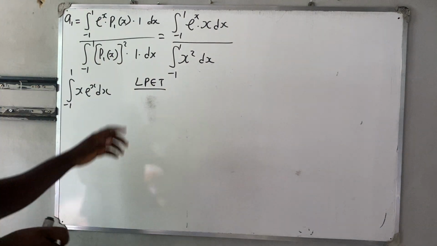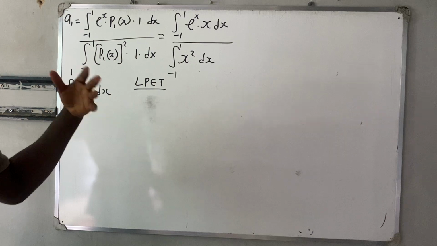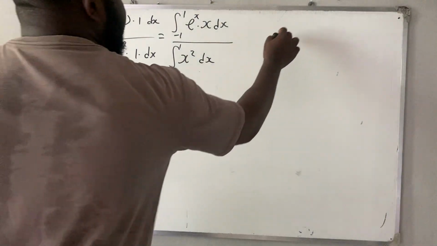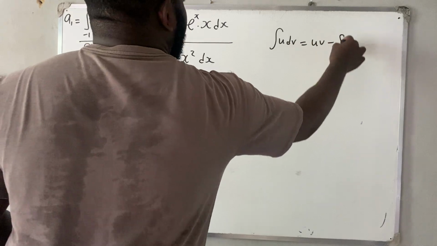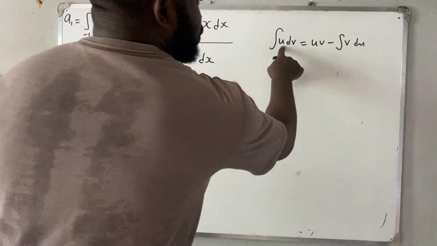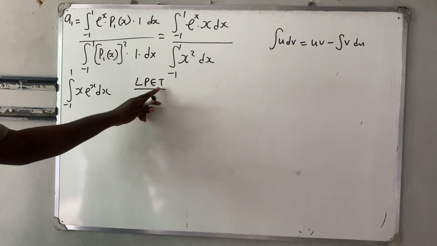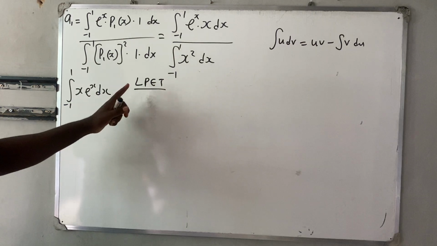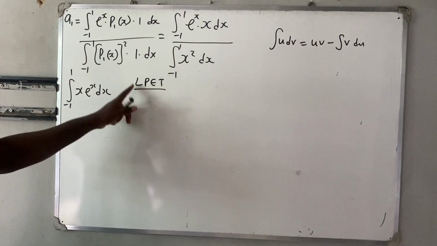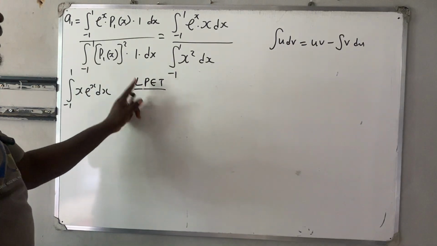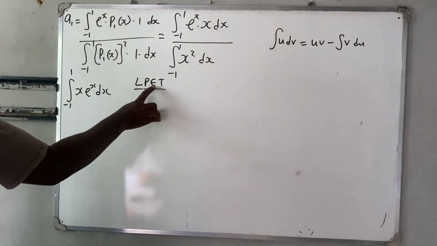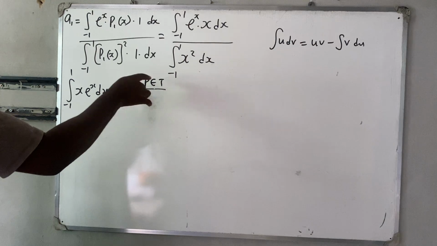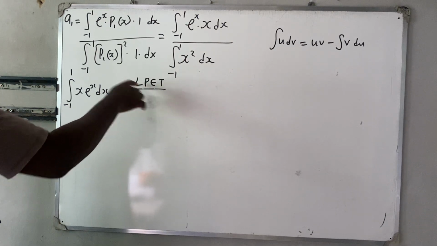LIATE is how to choose your u, because the formula says the integral of u dv is equal to uv minus the integral of v du. So we choose our u using LIATE. If logarithm is there, logarithm must be my u first, before polynomial, before exponential, before trigonometry. So we have a polynomial and exponential. So polynomial must come first before exponential.